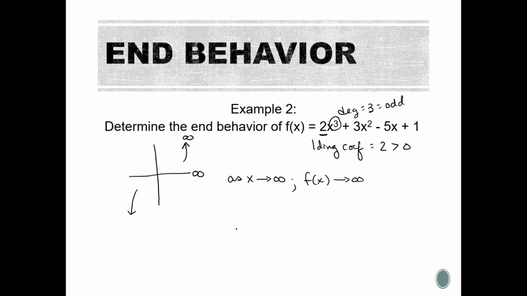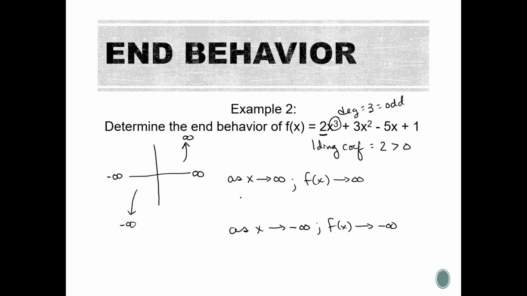As x goes to negative infinity, so that's on the left side of the graph, f of x goes down.